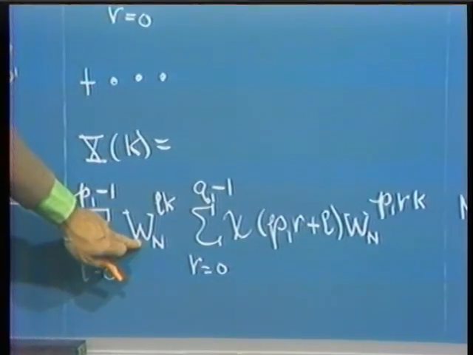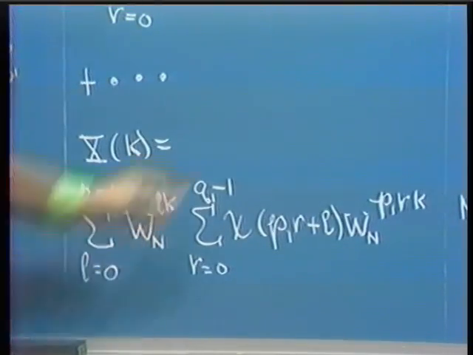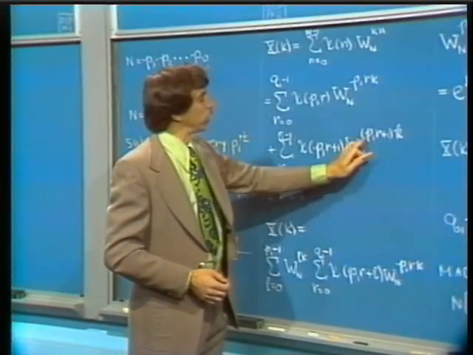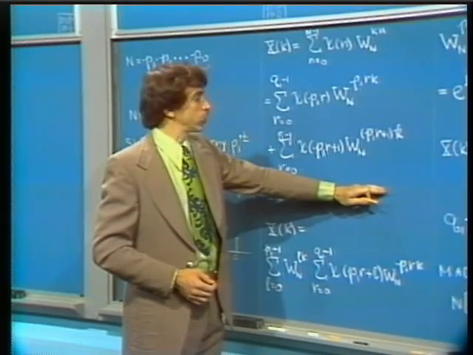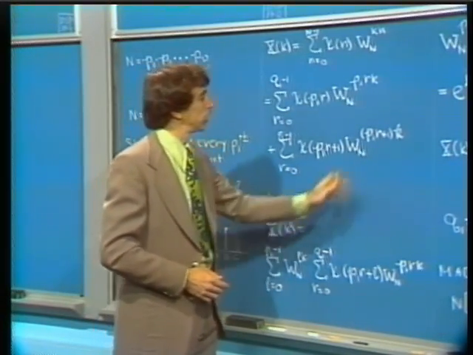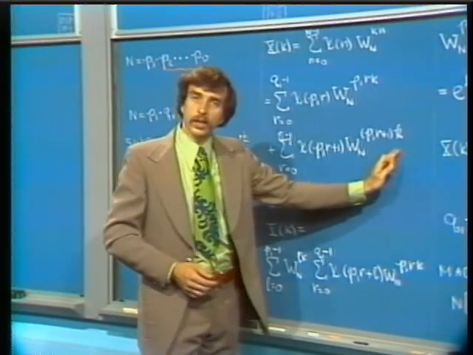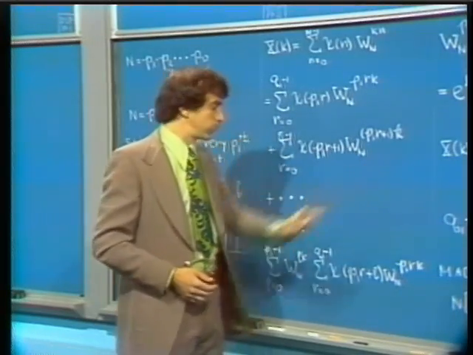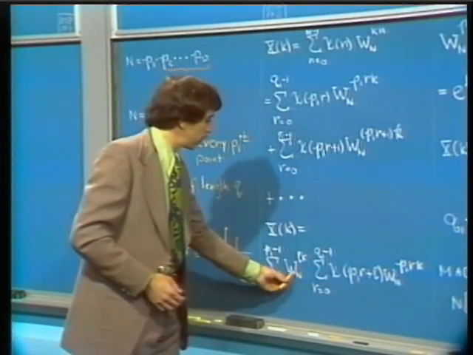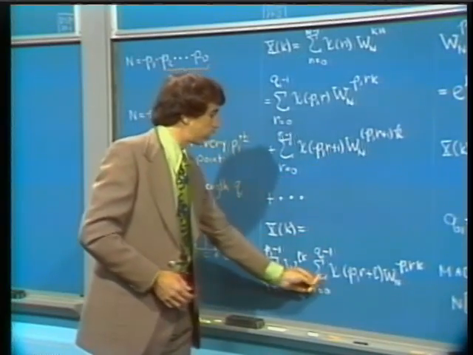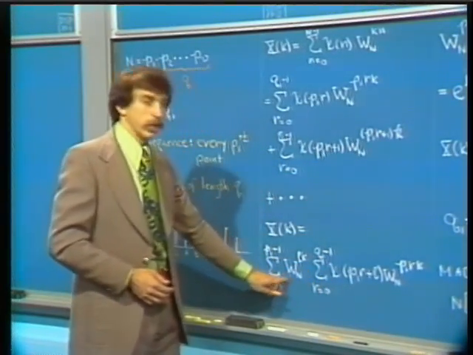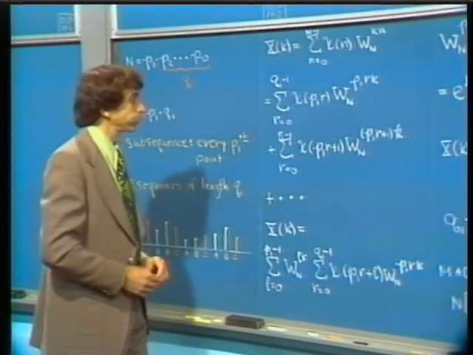These terms, of course, are obtained by the fact that this power of w is P1R plus 1. In the next sum, it will be P1R plus 2, P1R plus 3, etc. We decompose that into a product of 2 powers of w, and then one of those terms, since it doesn't depend on R, can be removed from the sum on R and shows up in this second sum.